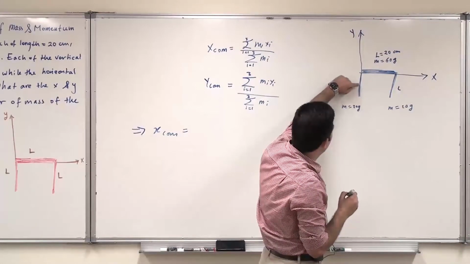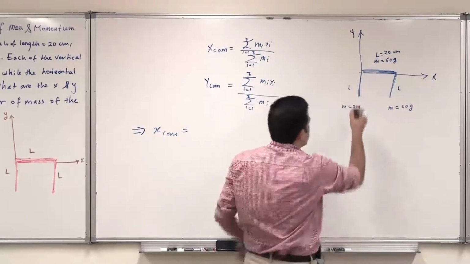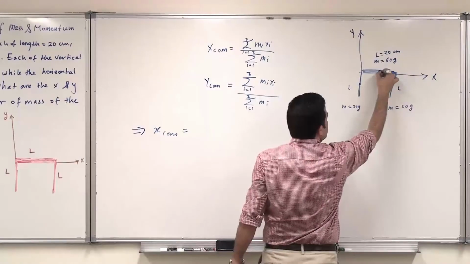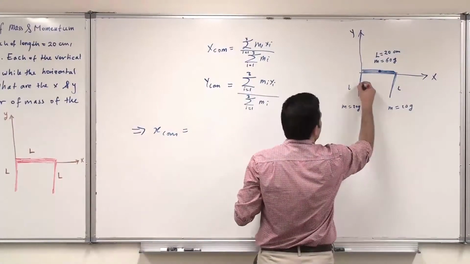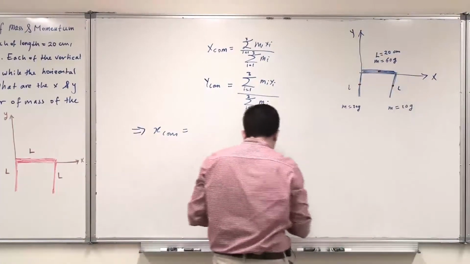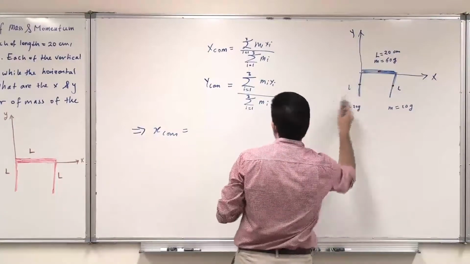For this vertical bar, the center of mass will be located here. And the center of mass for this one will be located here. Using another color, this center of mass will be in the middle, here. Now the x coordinate for this first center of mass will be 0.